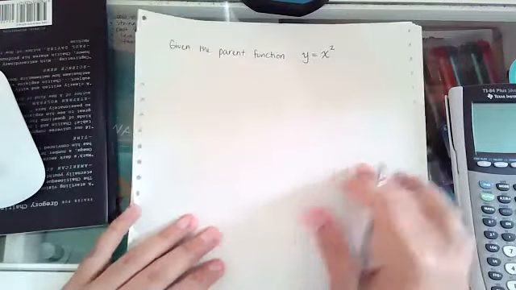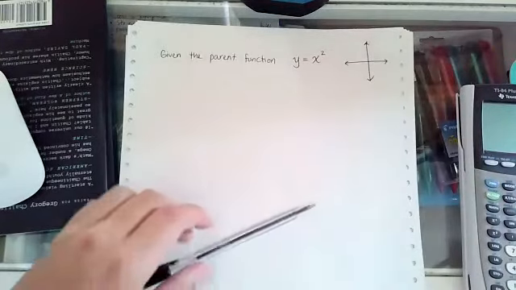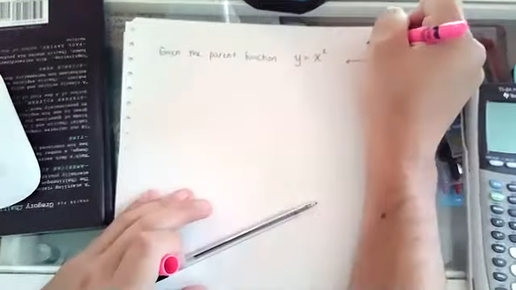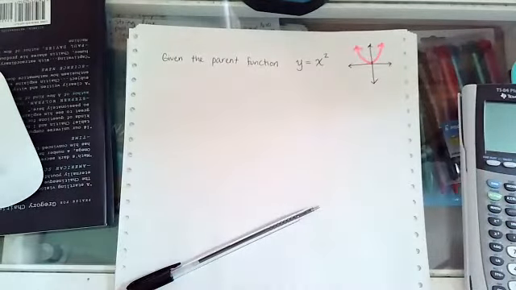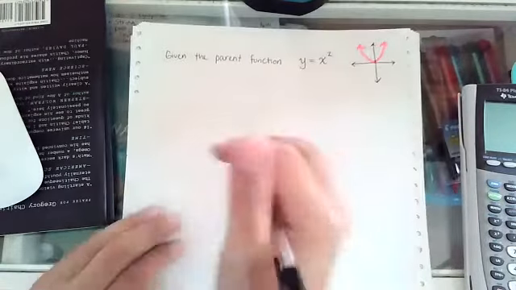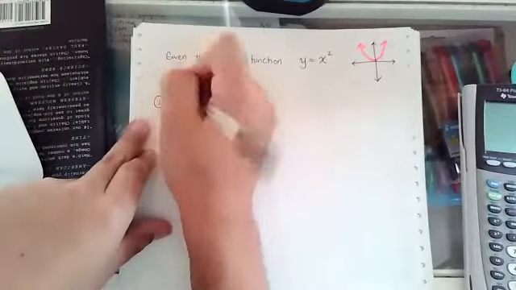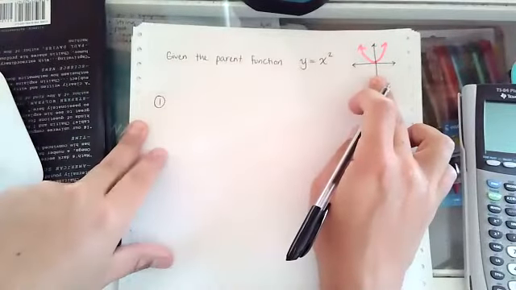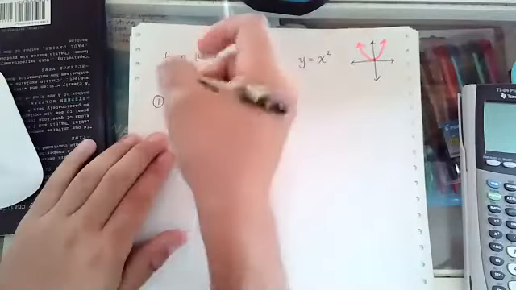So this parent function, we should think once we see x squared that its graph originally looks like some sort of parabola or U-shaped object. We need to relate the following functions to this parent function. So we're just going to verbally describe these things.